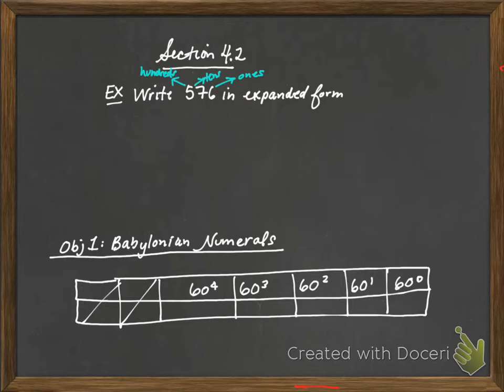So when I write that up, I can expand this by saying 5 times 100 plus 7 times 10 plus 6 times 1. So that's how I would write up 576 in expanded form.